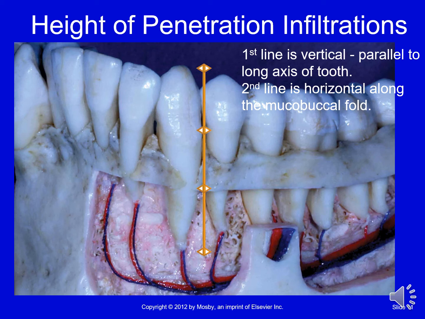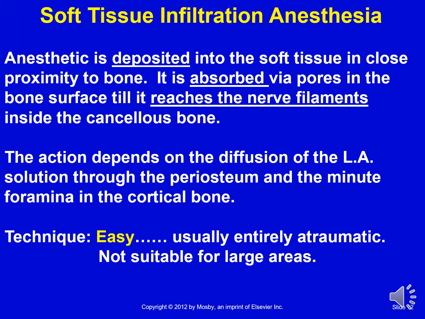On the maxillary, you want to go above the apex or at the apex, because when you deposit, gravity is going to pull that downward into those upper roots and nerves. So anesthetic is deposited into the soft tissue close to the bone.